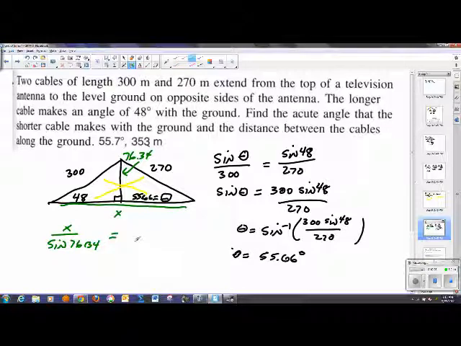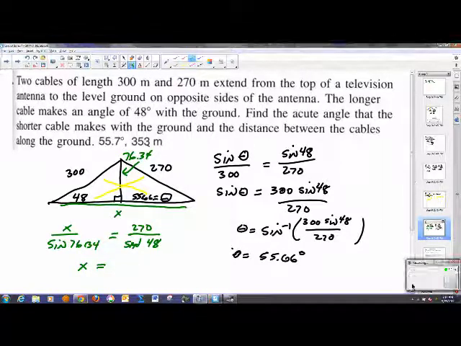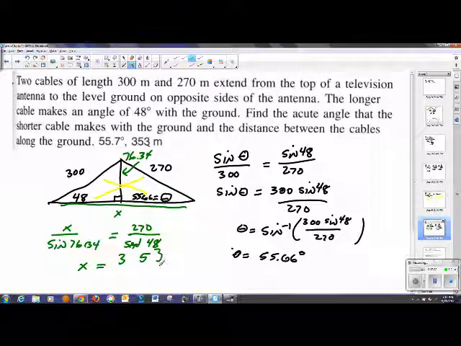Set that equal to, I'm going to use the original angle given to me of 48 degrees and its opposite side, which was 270. And then we can find x from here in the way we've found x all day long. And x is approximately 353.04, roughly.